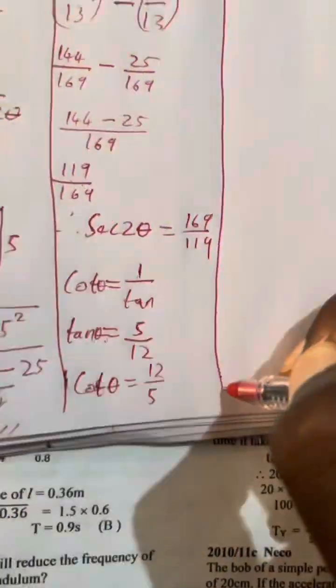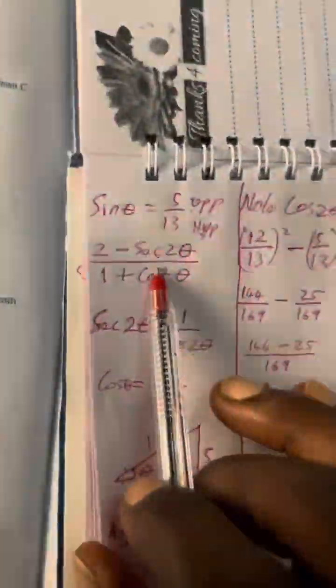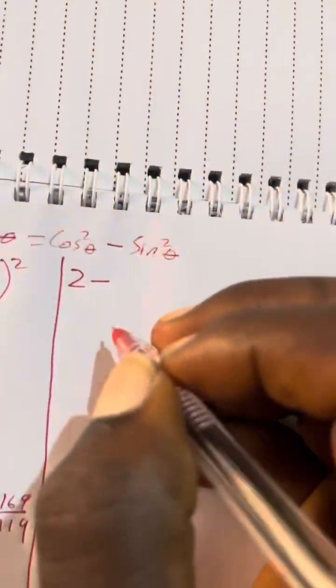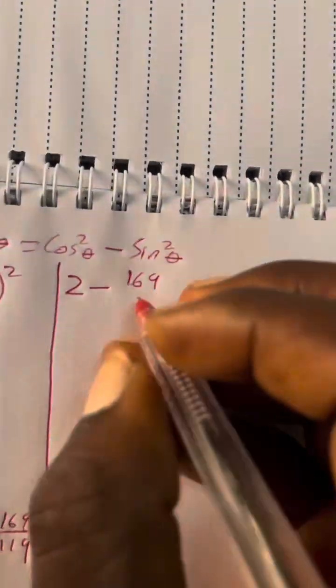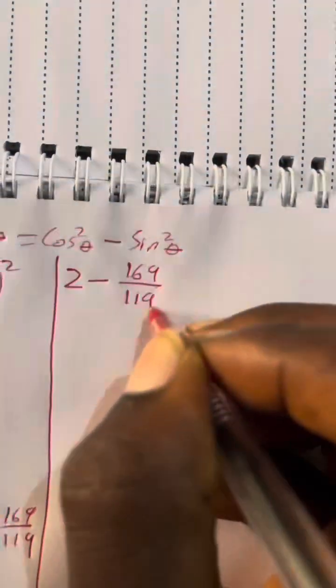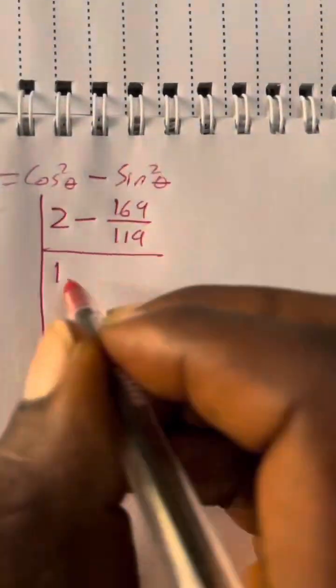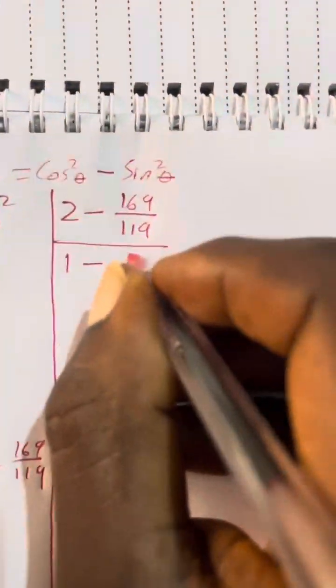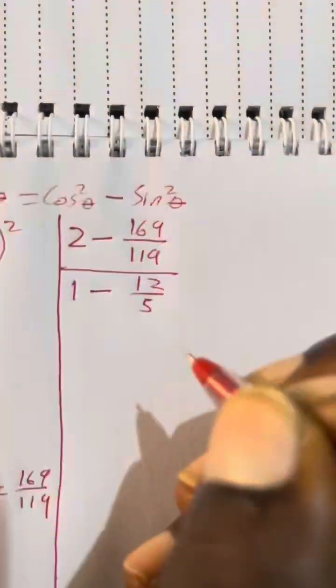Now that we have the values, let us substitute into the expression. The expression is 2 minus sec 2 theta, where sec 2 theta is 169 over 119, all over 1 plus cot theta. Sorry, this should be plus, as in the question. Cot theta is the inverse of tan, which is 12 over 5.